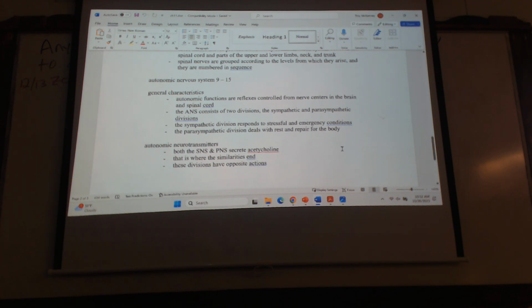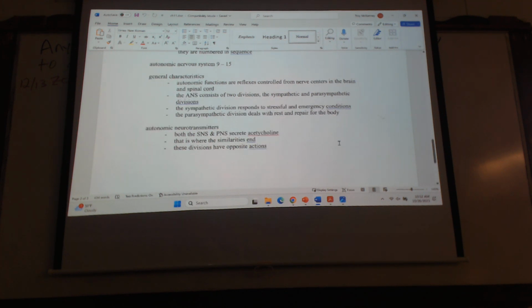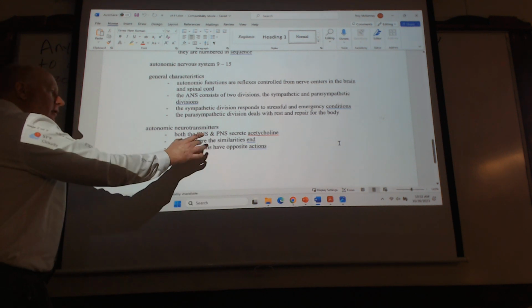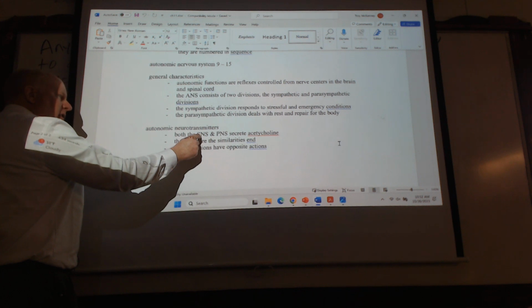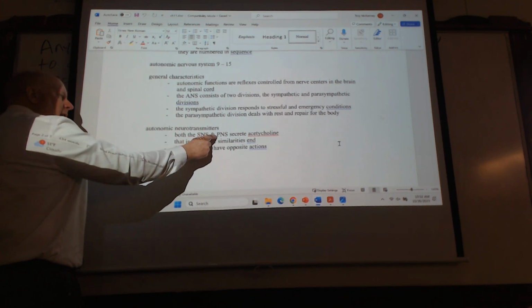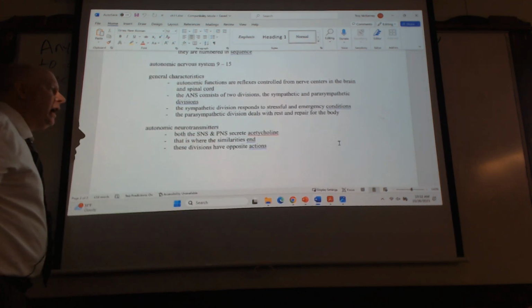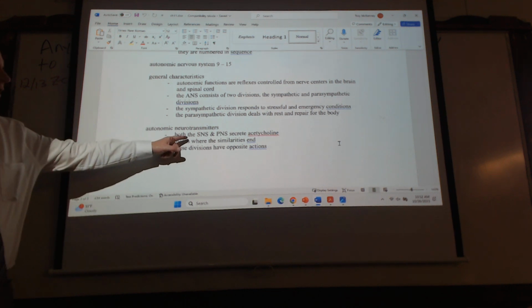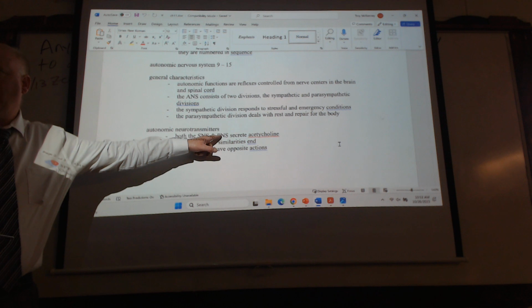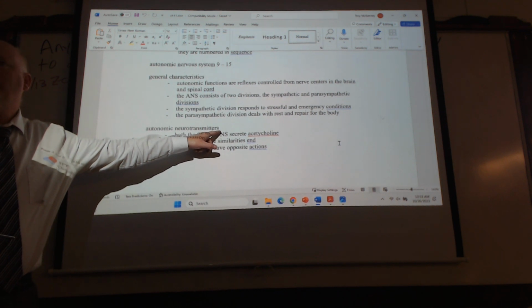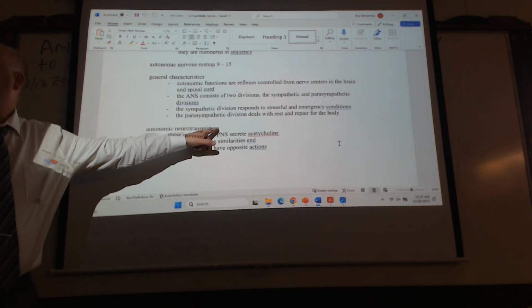So then when you look at this, both the sympathetic nervous system and parasympathetic nervous system, how would we know that this is not peripheral nervous system? That's a tough question.